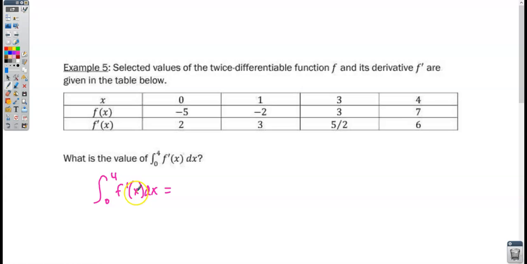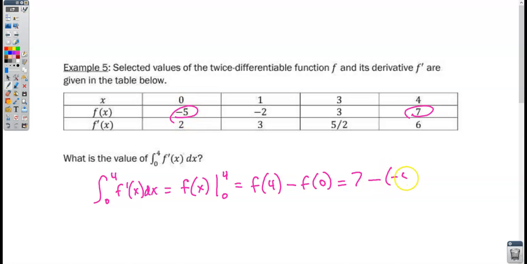Well, f prime of x is just the derivative of f of x, so this is going to be equal to f of x evaluated from 0 to 4, so it's going to be f of 4 minus f of 0. And those values we can just pull off of the table. F of 4 is 7. F of 0 is negative 5. And therefore the value of this is 12.